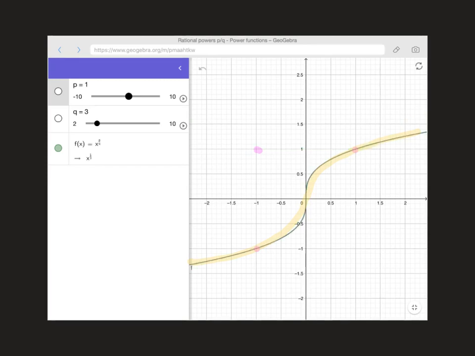Can you see that the graph was in fact bending this way as n increases, as the size of the power increases? That bit goes that way, and that bit goes up there. And this bit bends in both directions, while it's flicking from quadrant 3 into quadrant 2 and back.